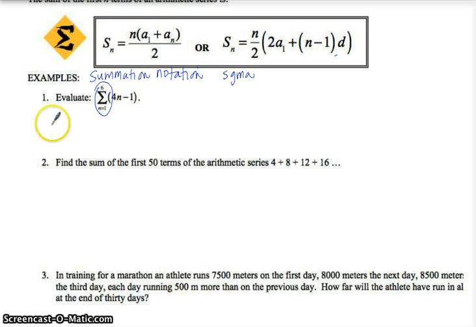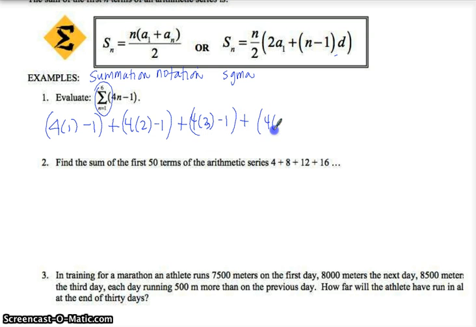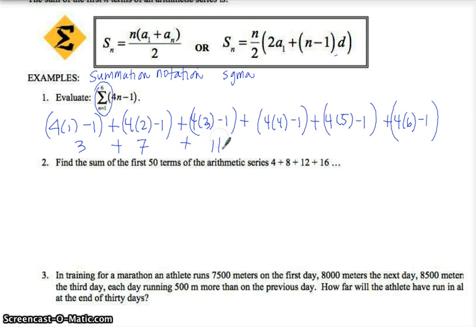We can write it out: 4 times 1 minus 1 plus 4 times 2 minus 1 plus 4 times 3 minus 1 plus 4 times 4 minus 1 plus 4 times 5 minus 1 plus 4 times 6 minus 1. But that would take a lot of time, potentially. We have to write it all out, then we have to calculate it, right? 4 minus 1 is 3, 8 minus 1 is 7, 12 minus 1 is 11, 16 minus 1.